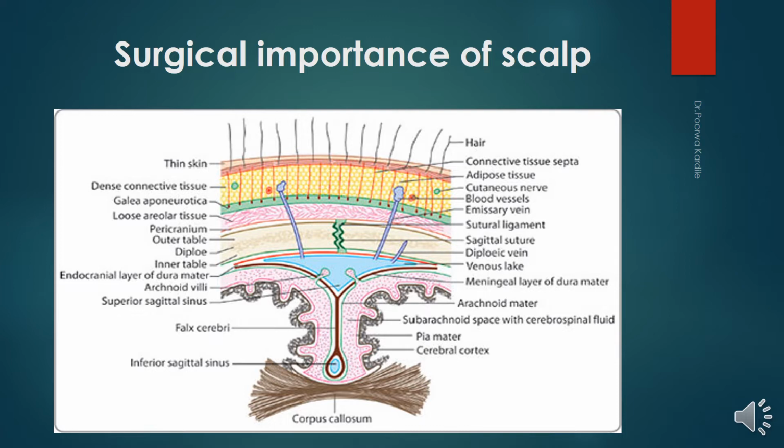So the first 3 layers of the scalp, that is skin, connective tissue and epicranial aponeurosis, are intimately united, and the loose areolar tissue allows the first 3 layers to move over pericranium. In surgical incisions, the first 3 layers are separated from pericranium and they are termed the surgical layer of scalp.